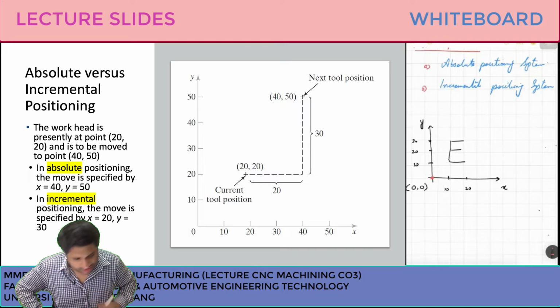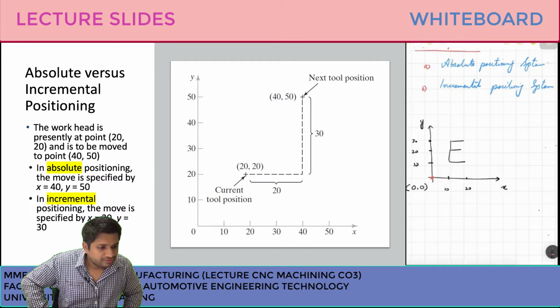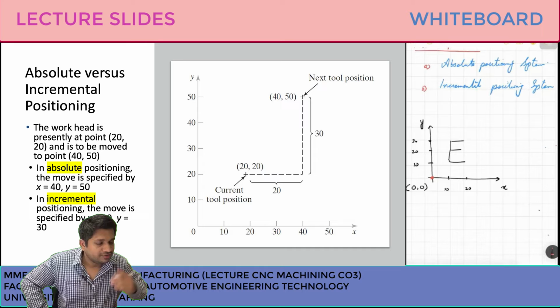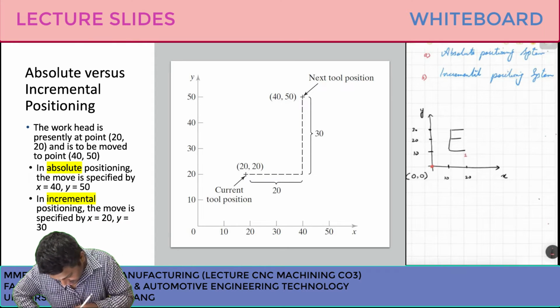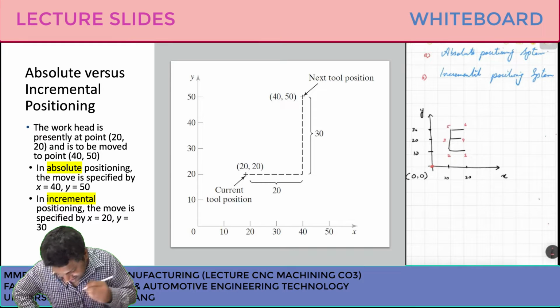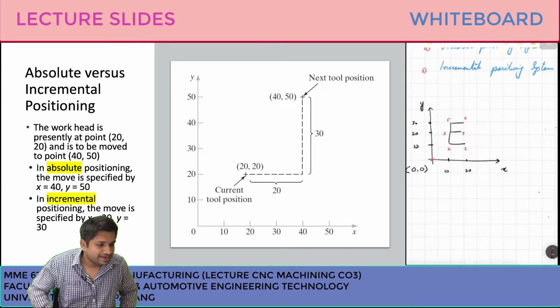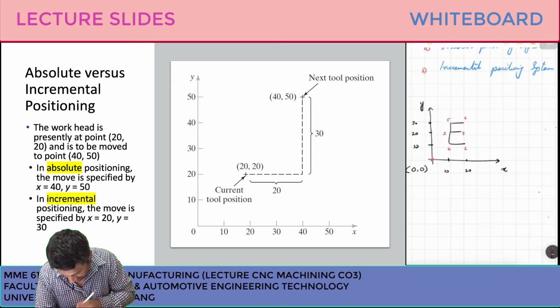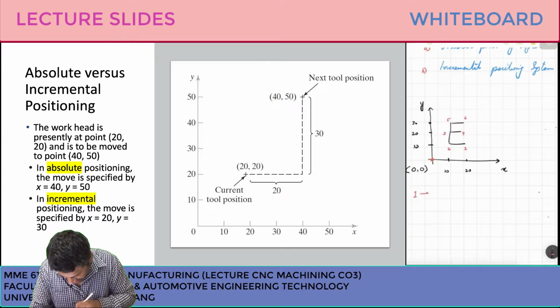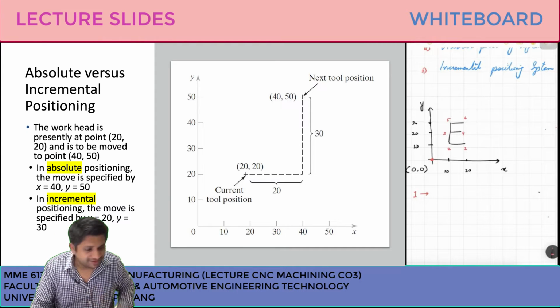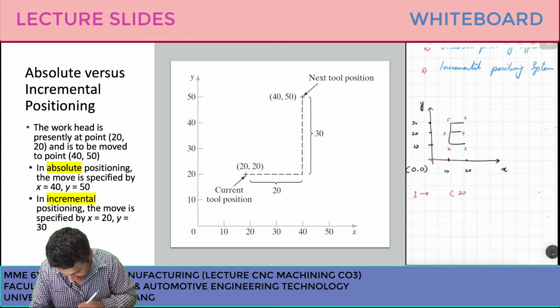Let's say I have points number 1, 2, 3, 4, 5, 6, and I want to tell the machine to go to point 1. I will give the coordinates: X is 20, Y is 10.